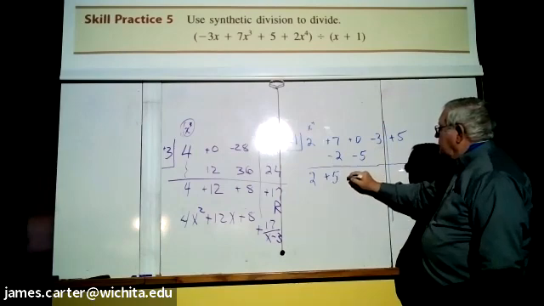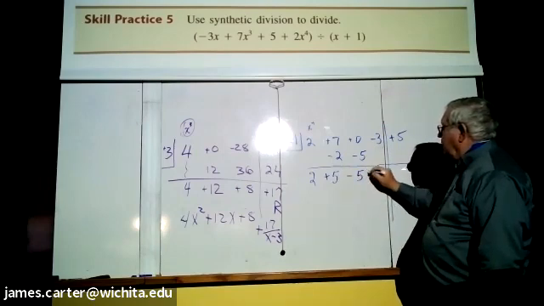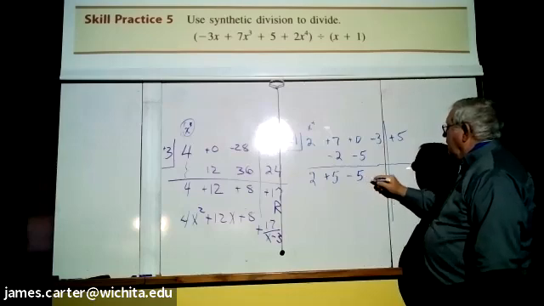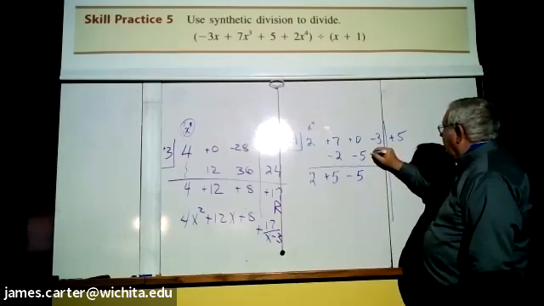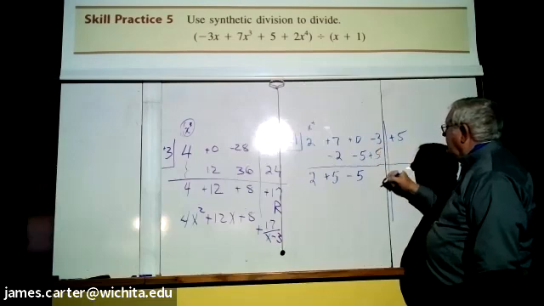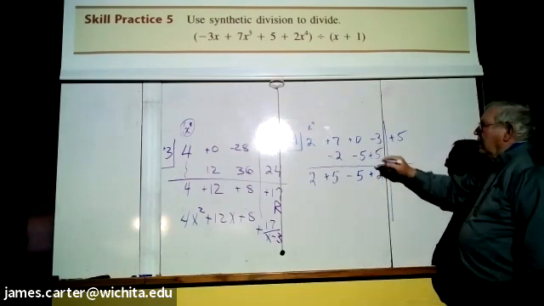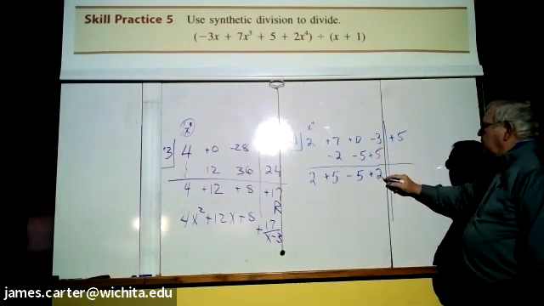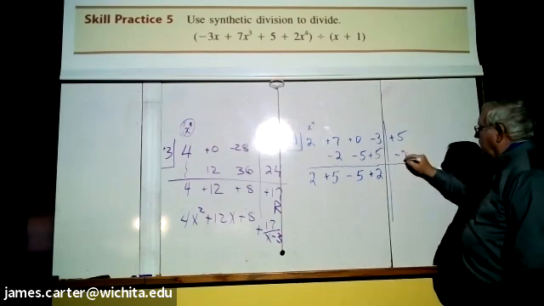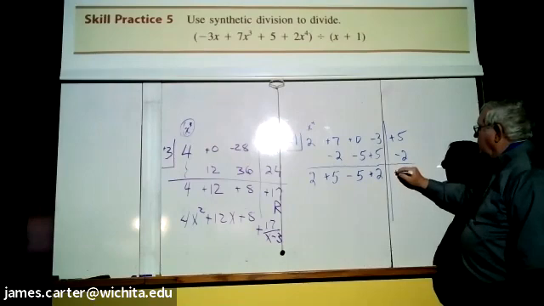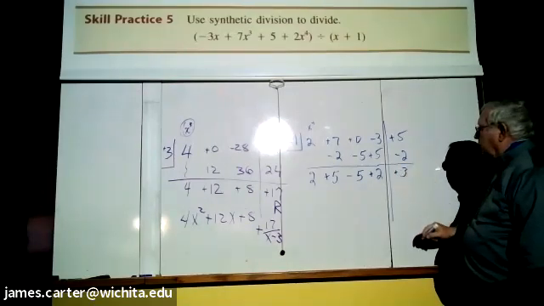I add these and I get -5. -1 times -5 is positive 5. I add and I get 2. -1 times positive 2 is -2. And I add and I get positive 3 for the remainder.